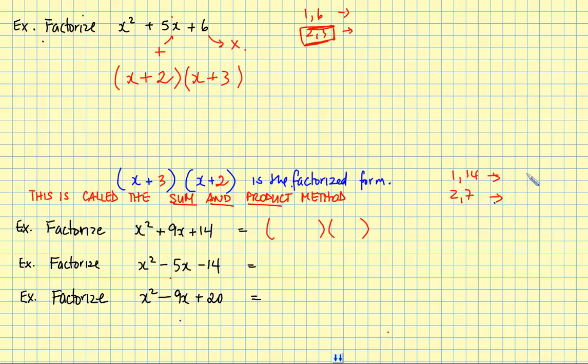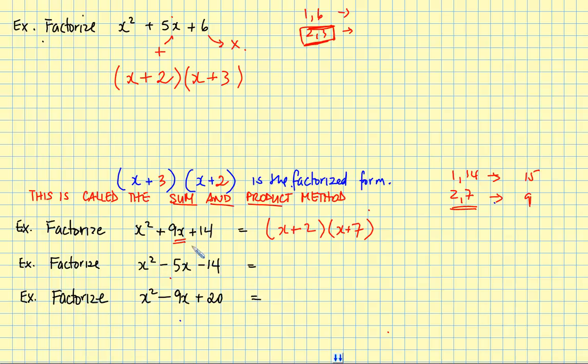When I sum these up, this would go to 15, this would go to 9, and since I'm looking for a sum of 9, that means that the two numbers must be 2 and 7. 2 times 7 gives me 14, 2 plus 7 gives me 9. So that I can write x plus 2, and x plus 7 in the next one.